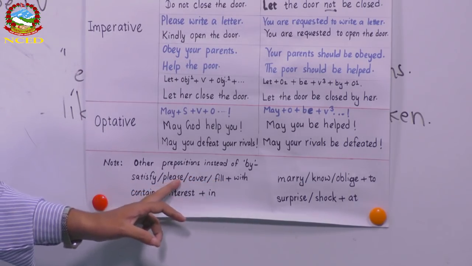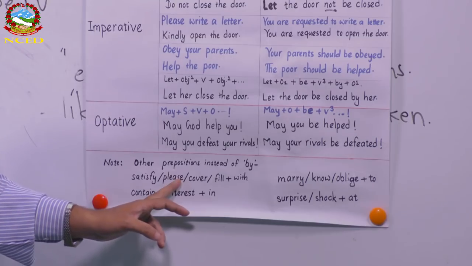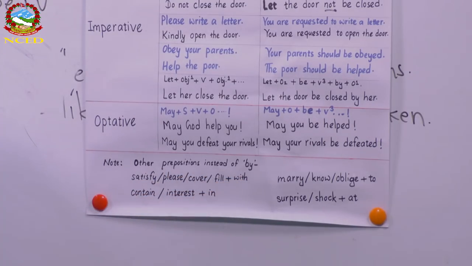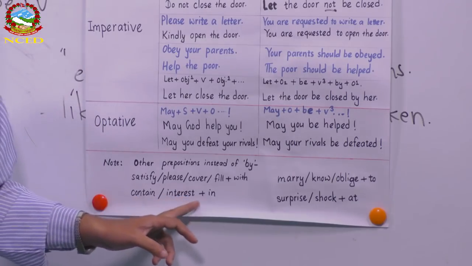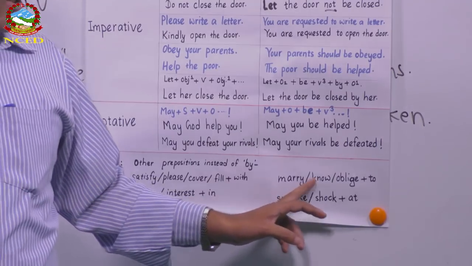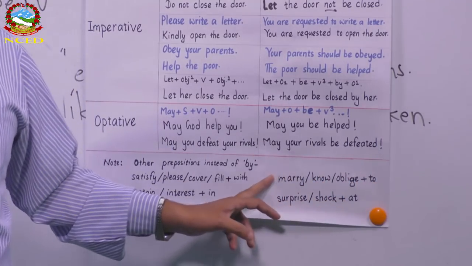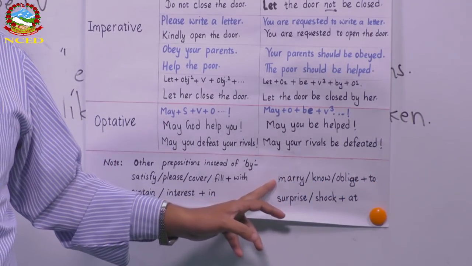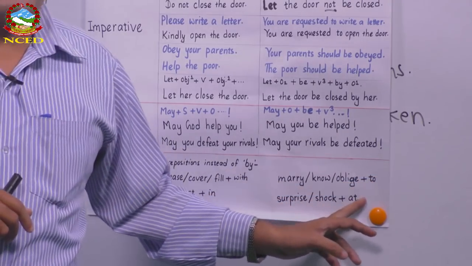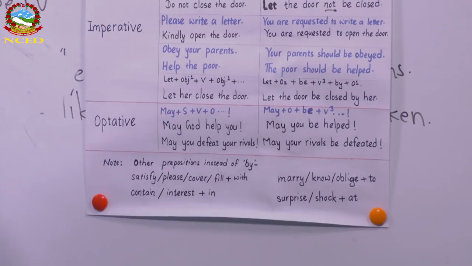For example, I am pleased with you. He was pleased with me. After pleased, we use with, not pleased by me. And interest takes in. He is interested in football. Marry, obliged, to. He was married to Sita. Like this, married to, not married by Sita. Surprise, shock, at. With these verbs, we use at.